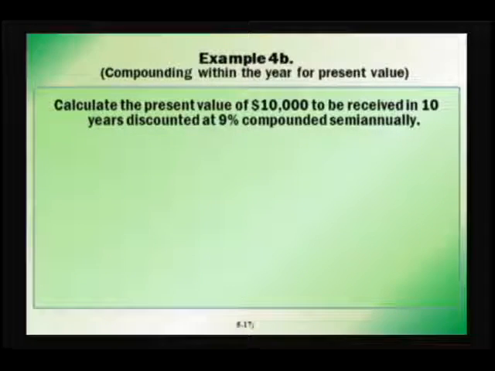Now, we just did that monthly. We could also do it semi-annually. Calculate the present value of $10,000 to be received in 10 years, discounted at 9%, compounded semi-annually. My interest rate is 9%. How much do I need today to have $10,000 in the future?